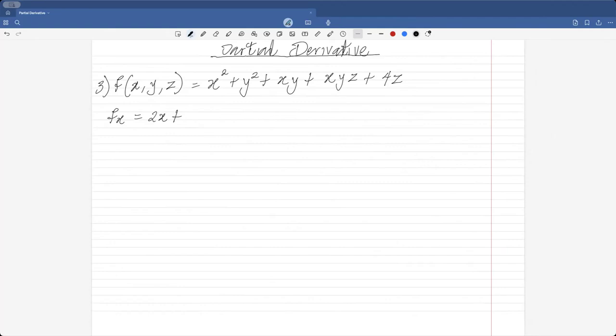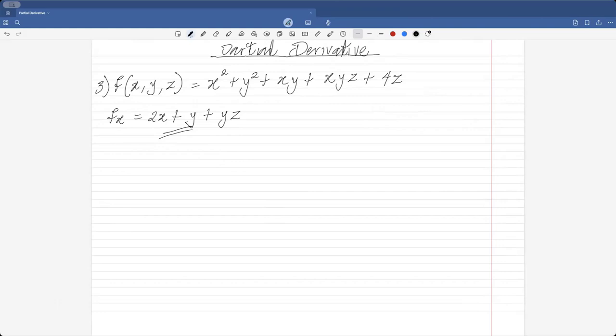So followed by y plus yz plus 0. So this is the end result if we differentiate the function with respect to x.